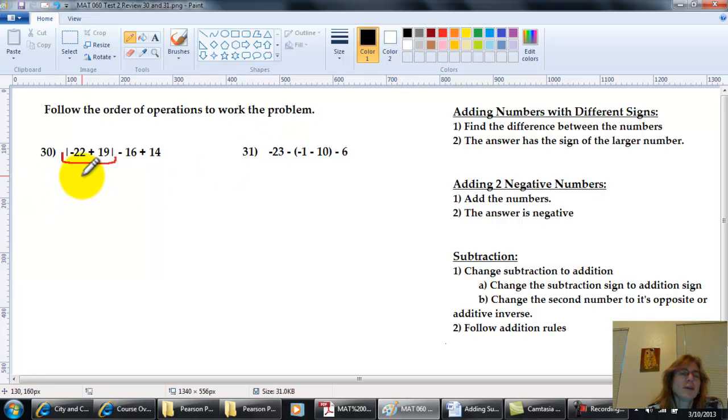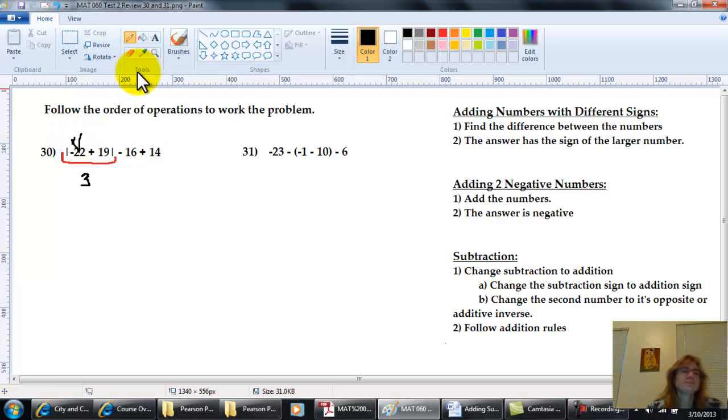So we have a 3. Now we have to decide, well, what sign is that 3 going to have based on our rules? We found the difference. Now the answer has the sign of the larger number. Once again, looking at these numbers as if there's no signs on them, the larger number between 22 and 19 is 22. So we use the sign on the number 22.